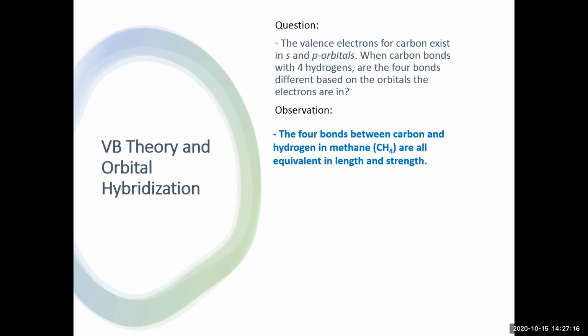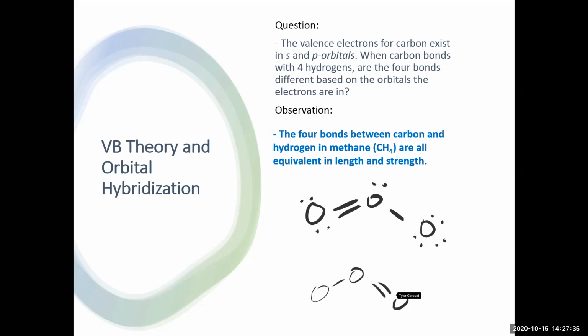In fact, one of the interesting things that we'll get into is the idea of resonance. To give you an overly complicated example, because we can draw this different ways, I'm not going to do the dots for the second one. Because the double bond can be on one side or the other, the interesting thing that happens with resonance structures is that these bonds are all the same length.